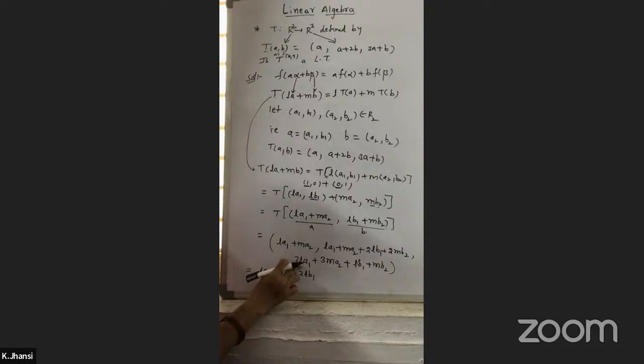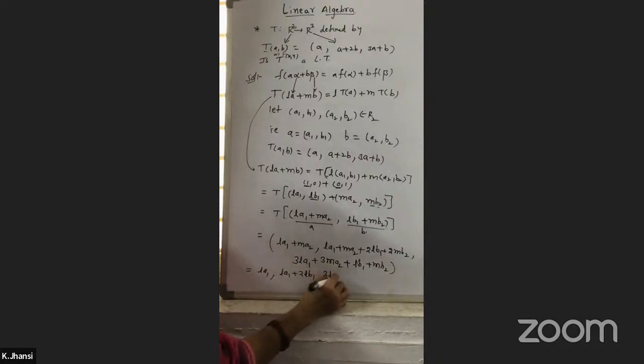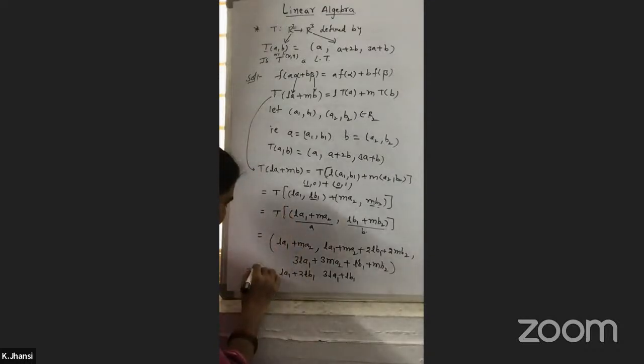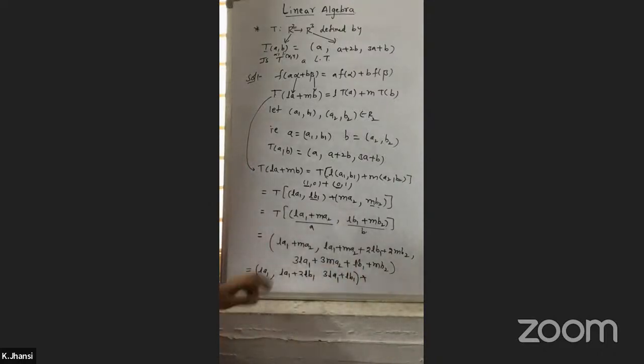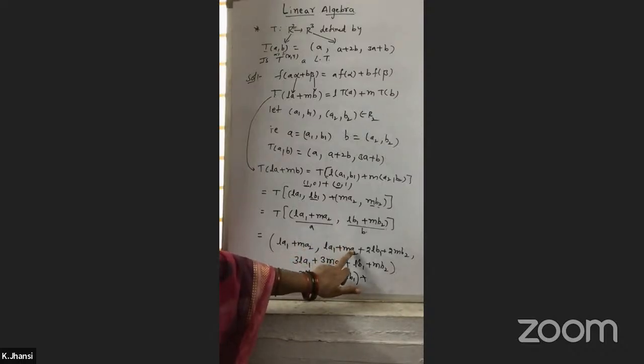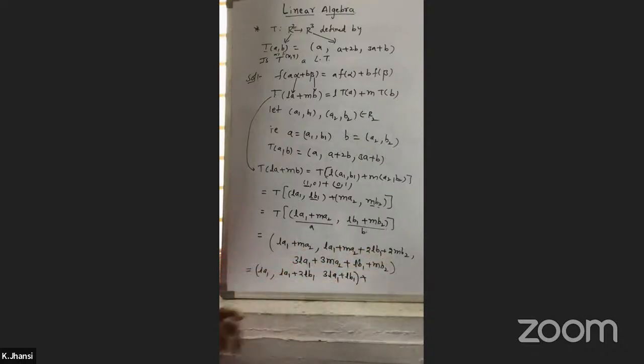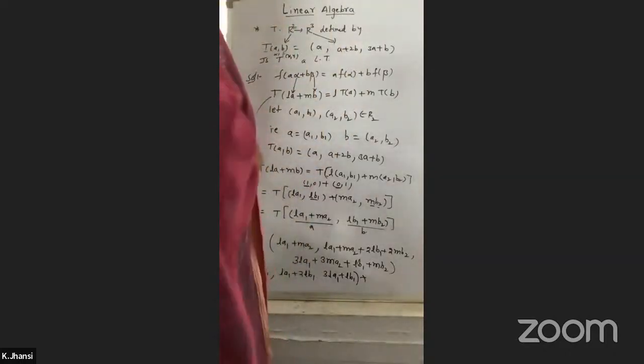From the third term, 3LA1 plus one more LB1. These are the only L terms. Next, we go to the M terms. What are the M terms? MA2, MA2, and here, I'll write it above that one.